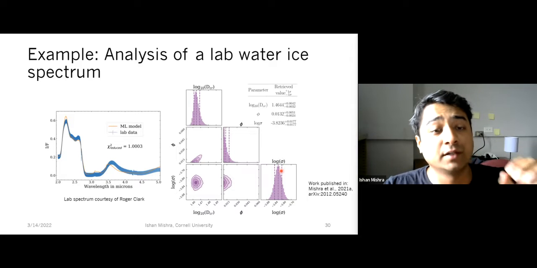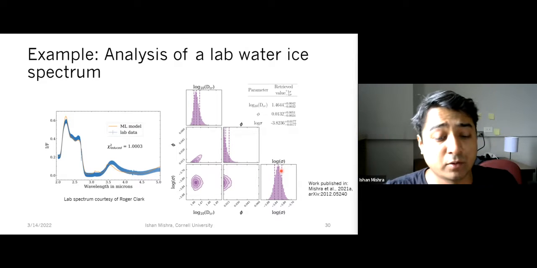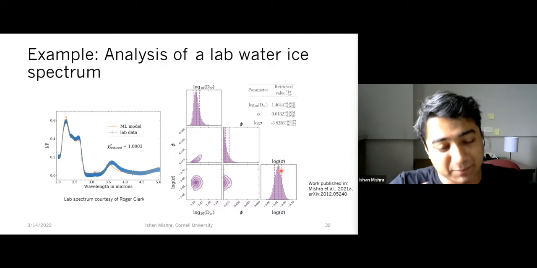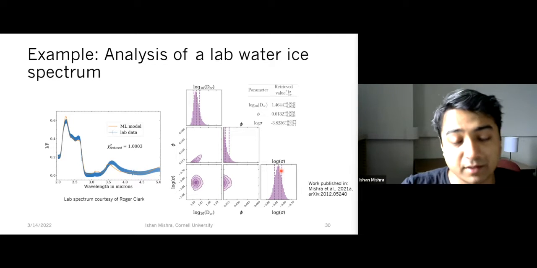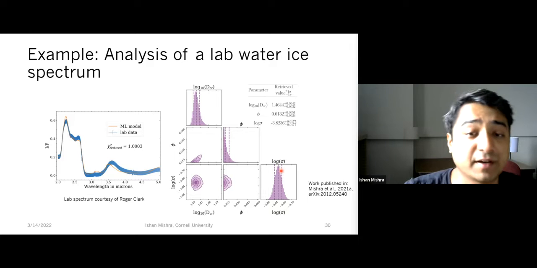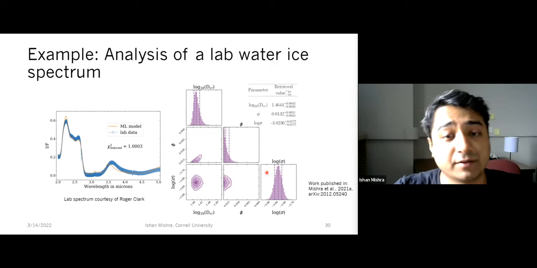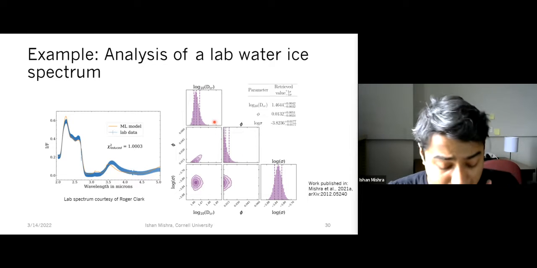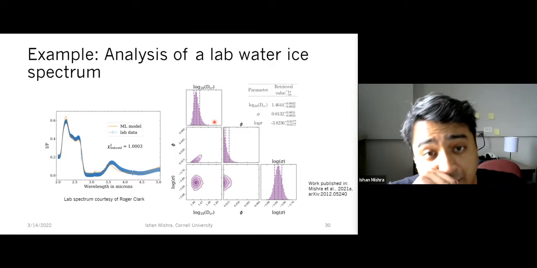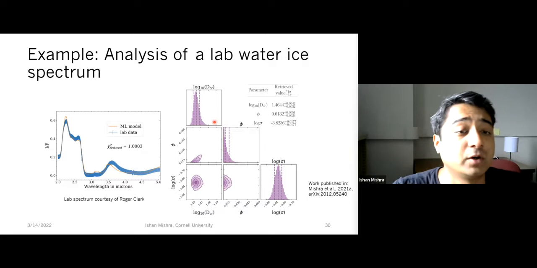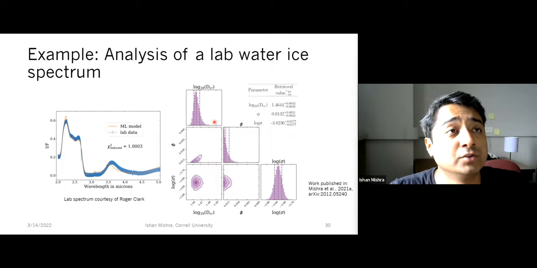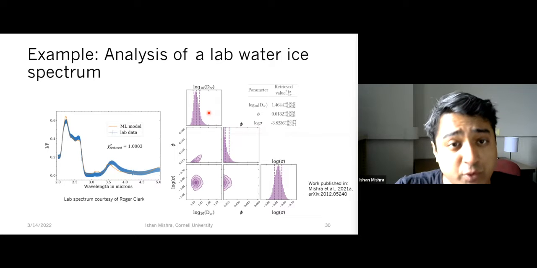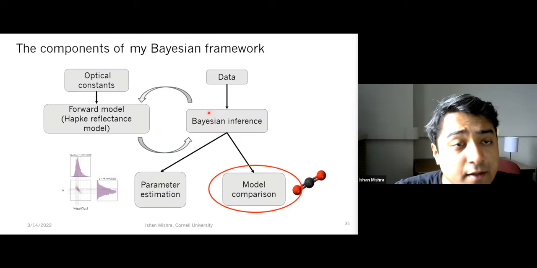There was an uncertainty on whether the error was some multiplicative factor, and so we also let that be a free parameter. Accounting for all of these degeneracies, we still got a pretty good constraint on the grain size, and it matched well with what was known of the sample from photographs of what the size might be, around a few tens of microns. So it was a good test.